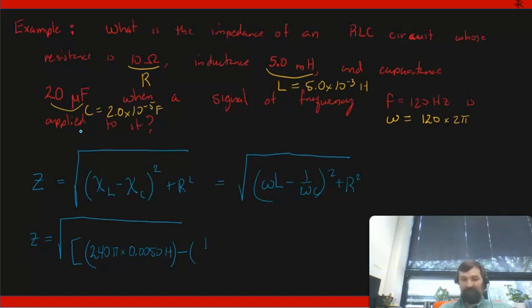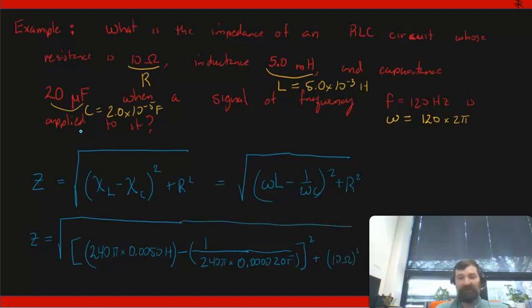So that's 1 over 240 pi times 2.0 times 10 to the minus 5 farads, quantity squared, plus 10 ohms squared.